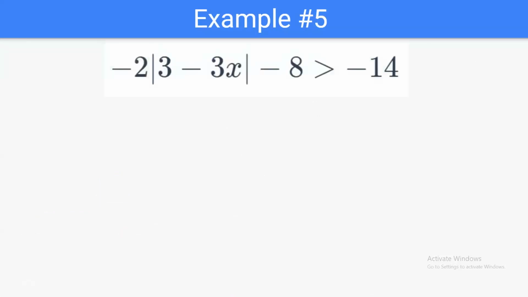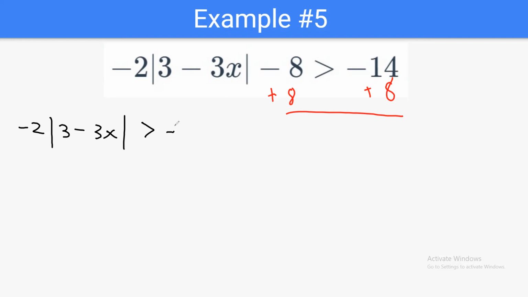All right, so once we have this one, let's try this really quick. Add 8 to both sides. So we have negative 2 times the absolute value of 3 minus 3x is greater than negative 6. Divide by negative 2 on both sides.